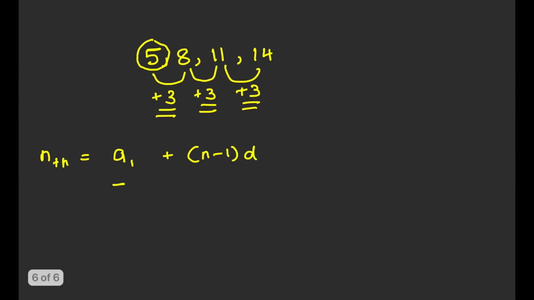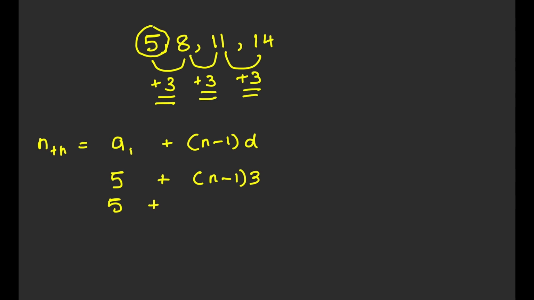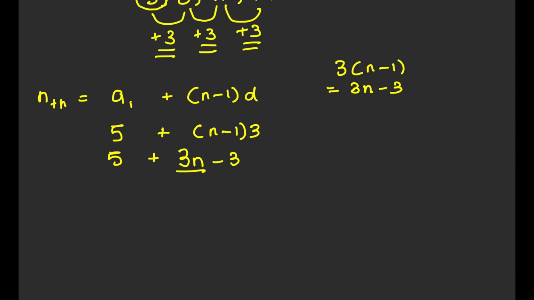The first term here is 5 plus n minus 1 as an expression, multiplied by 3, that is the common or constant gap. So let's now expand the brackets. It's 3 and minus 1, and this becomes 3n and minus 3. So 5 plus 3n minus 3. Now 3n aside because it's not within the like terms of this expression. Now we have 5 minus 3, which is simply equal to 2. So that's positive 2.